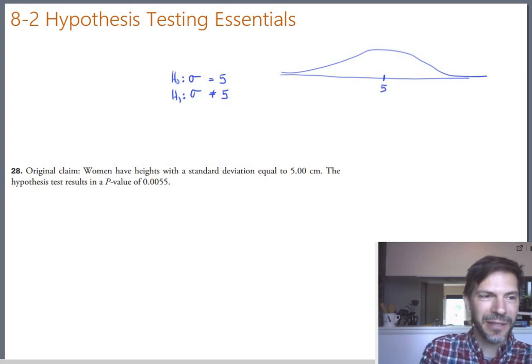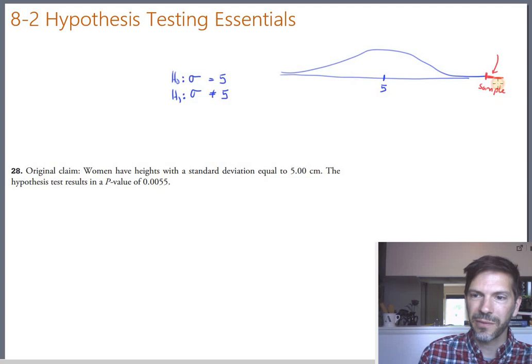Our particular sample, I don't know if it was too high or too low, but it was way away from 5, right? So maybe it was way up here, and its probability, the tiny little bit of area here that it chops off. So that's where the sample came out.